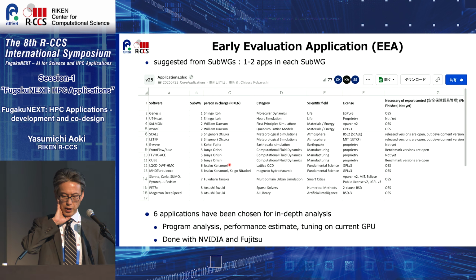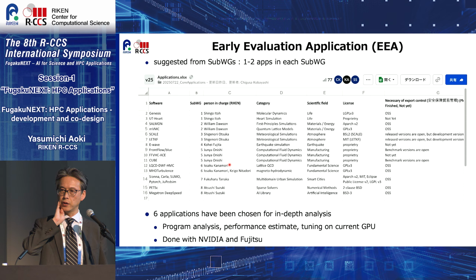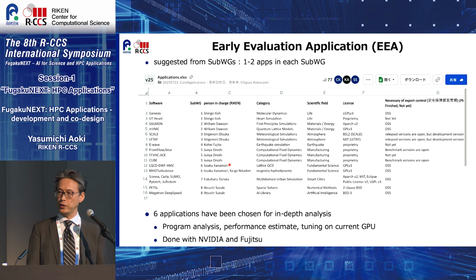So this is EEA, early evaluation application, what we call, and we call for suggestions from the sub-working groups. If you remember, there are 8 sub-working groups, and we asked each sub-working group to nominate 1 or 2 applications. And this is the table of the applications that each sub-working group named.